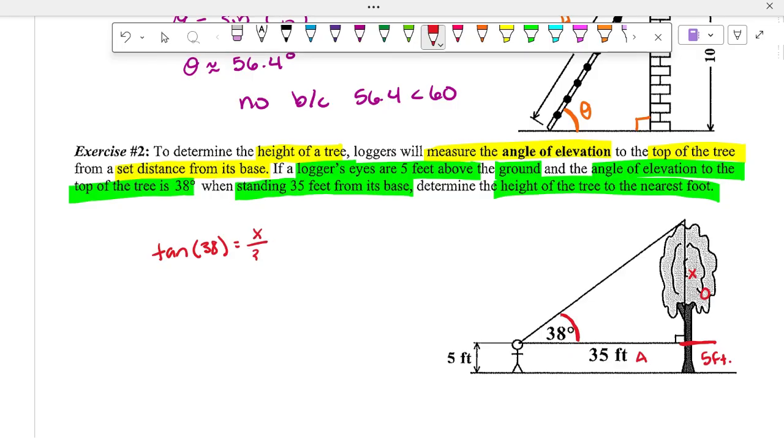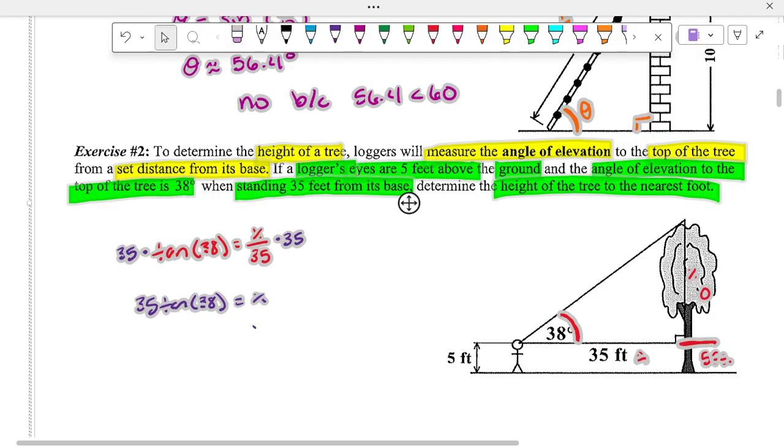X over 35, opposite over adjacent. How do I solve for x? Multiply both sides by 35. So 35 tangent of 38 is equal to x.